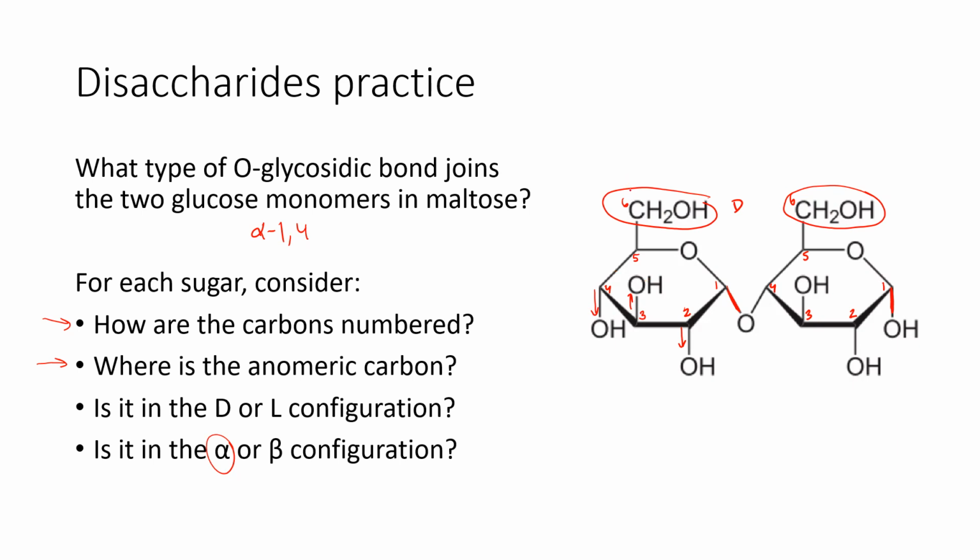Whether number 6 is pointing up or down depends on whether it's D or L, but as we know, for D, it's pointing up. And whether it's alpha or beta depends on what happened when the ring formed. But it depends what we're talking about, because glucose participates in a lot of different polysaccharides and disaccharides that we'll see.